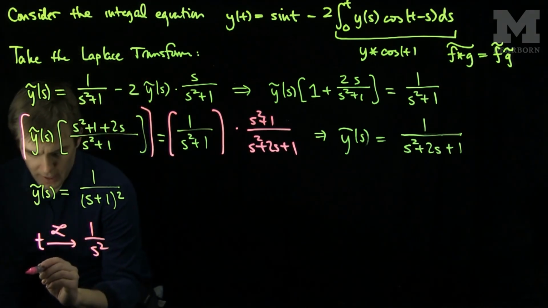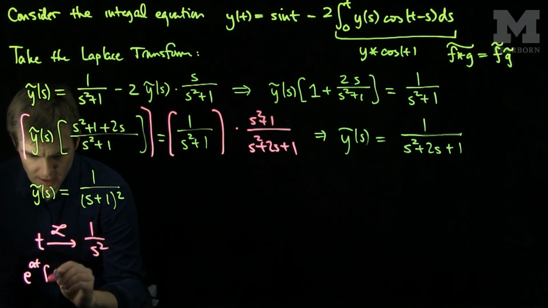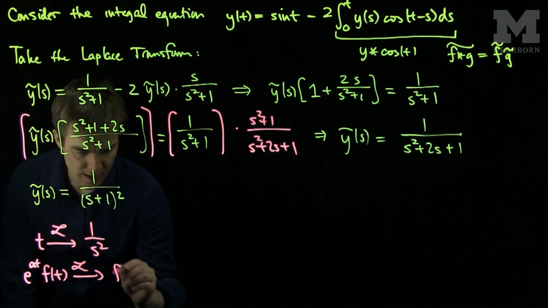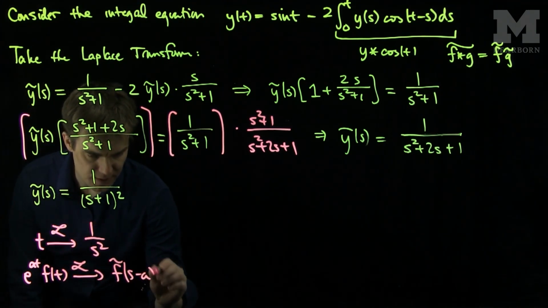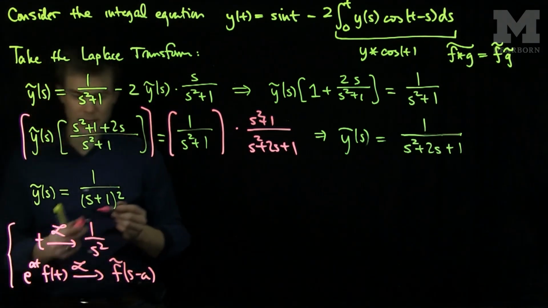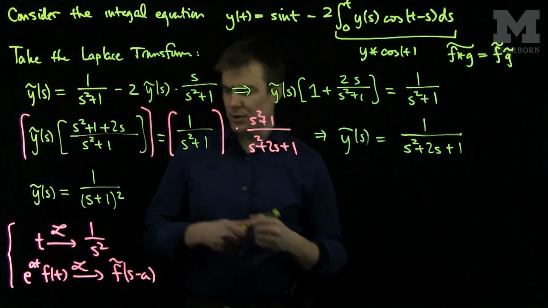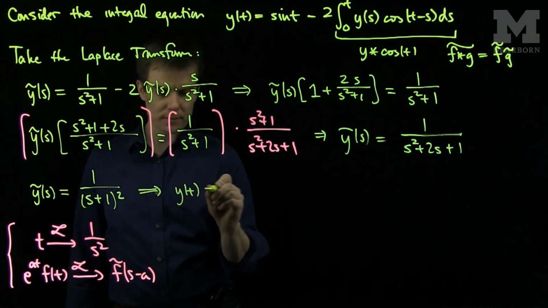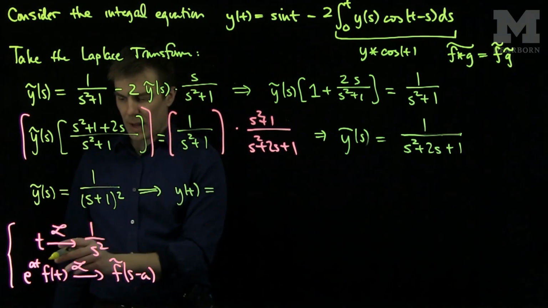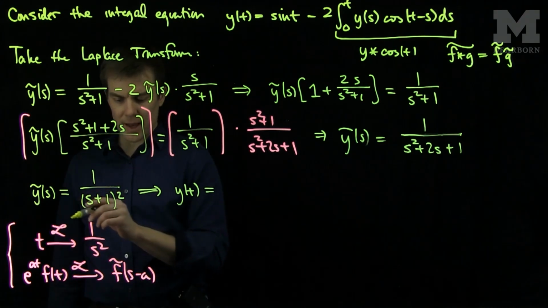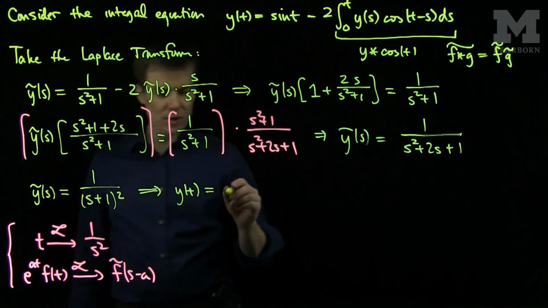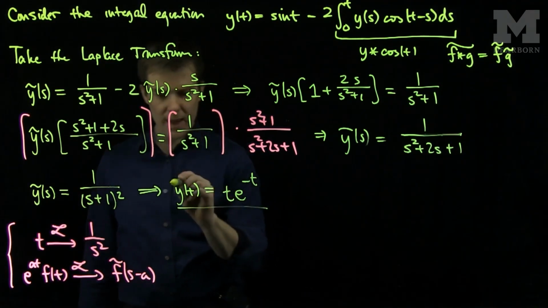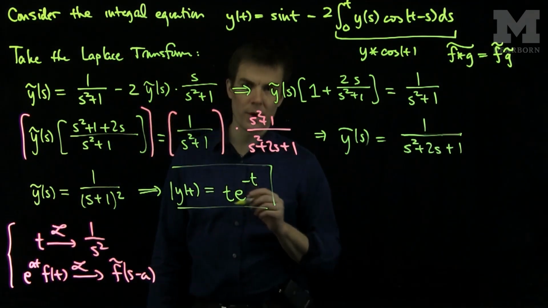And the additional rule that e to the at f of t Laplace transforms to f tilde of s minus a. We can apply both these rules in conjunction to inverse Laplace transform this function. This function inverse Laplace transforms to, well, I'm going to have a shift of -1, and I'll have a t, so I'm going to have a t e to the negative t. And that's the solution of our integral equation.